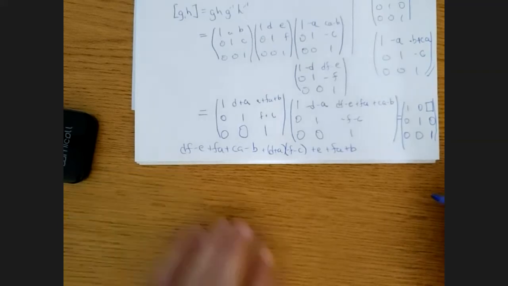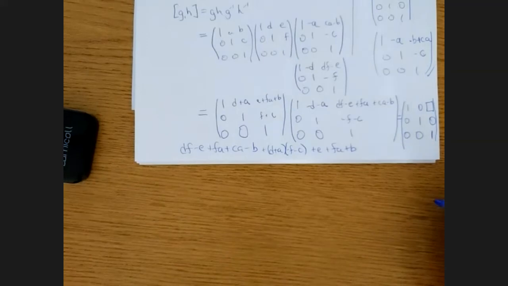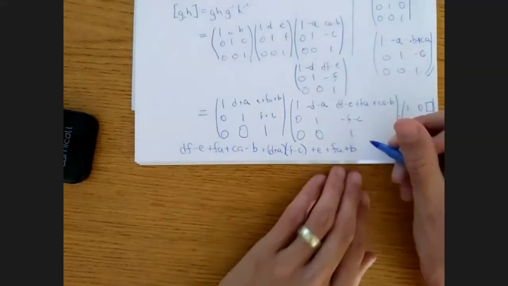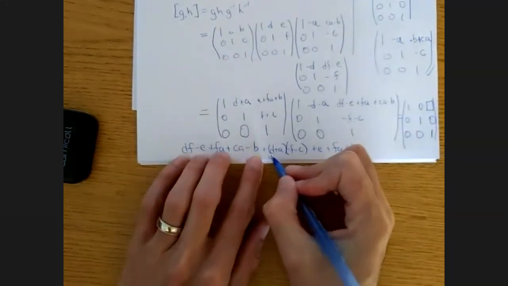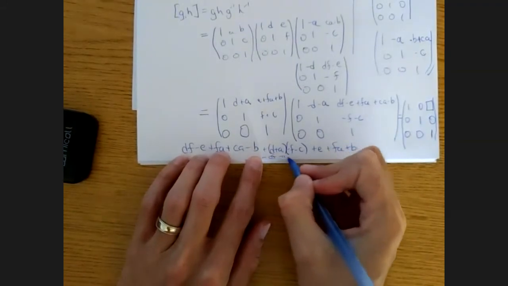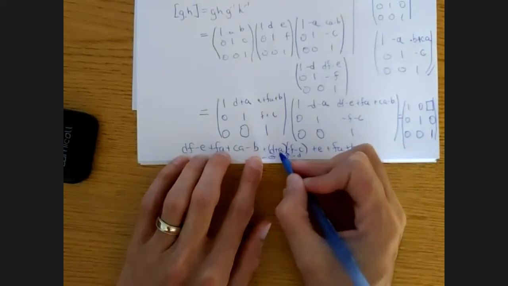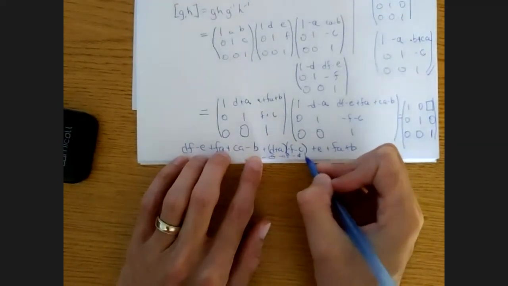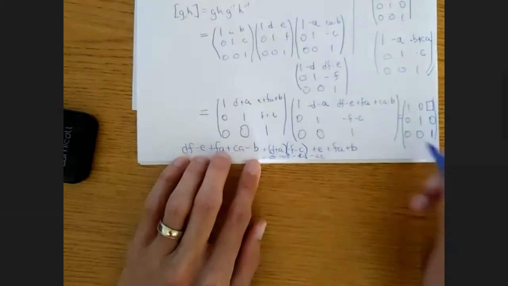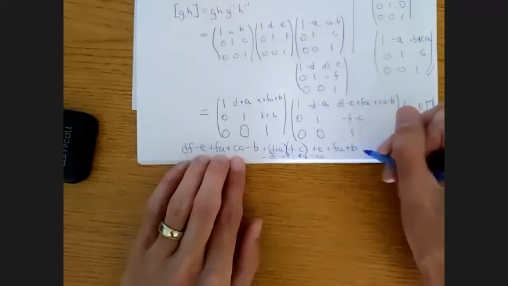So if you expand this out, you get minus DF, minus AF, minus, oh, sorry, minus CD, minus AC.